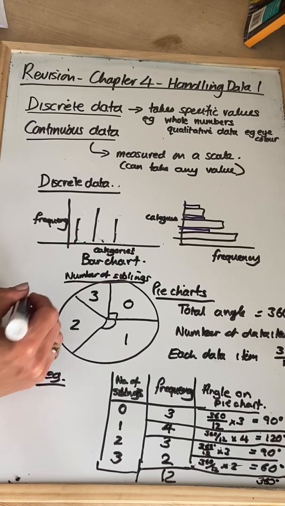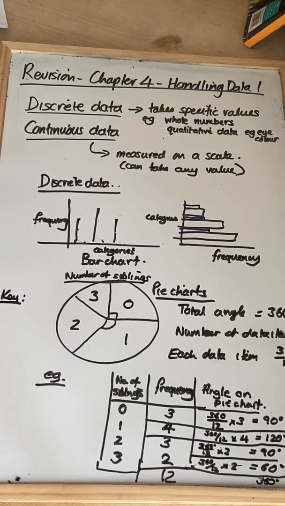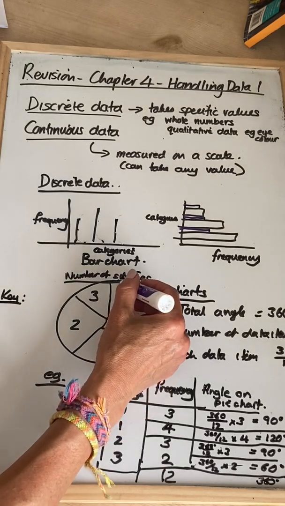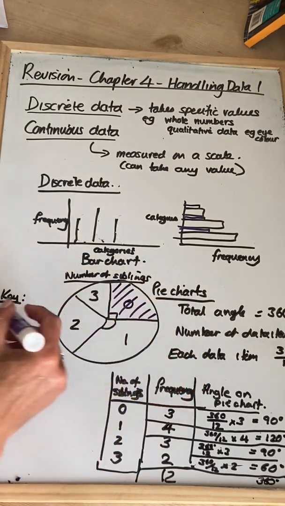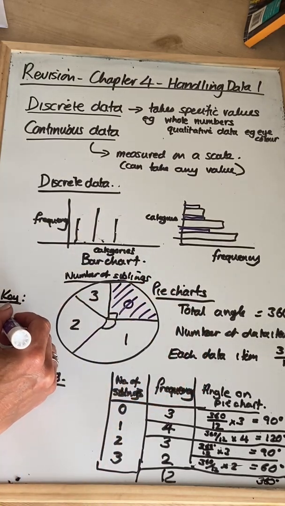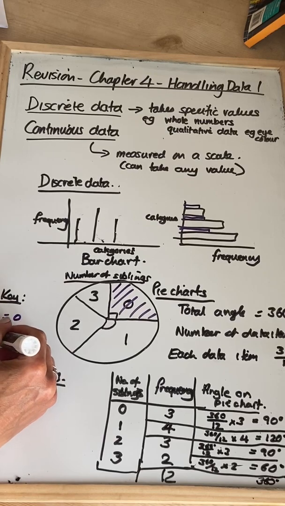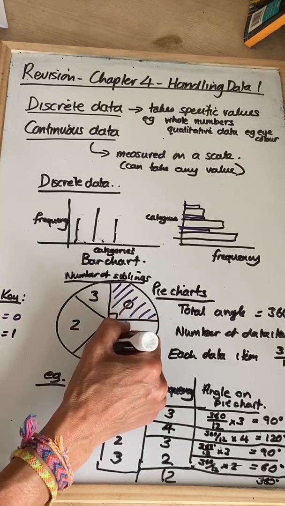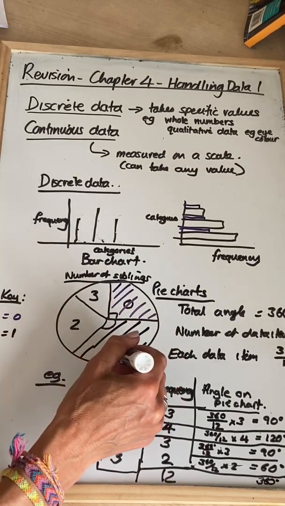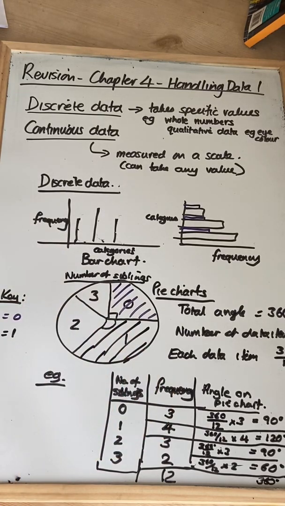you put a key together. Okay, so I'm going to actually just sort of shade this in a bit. So I'm going to say that purple means 0 siblings. I'm going to say that black means 1 sibling. I'm going to say blue.